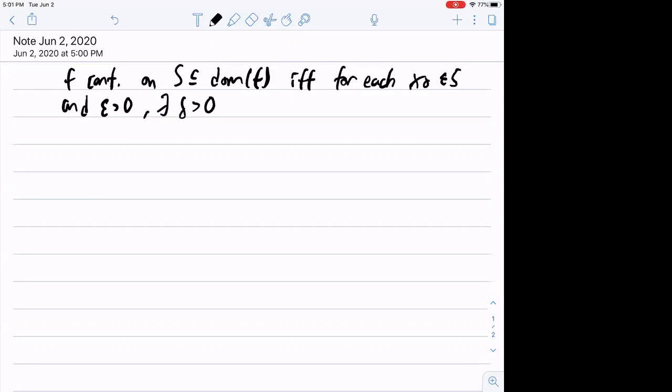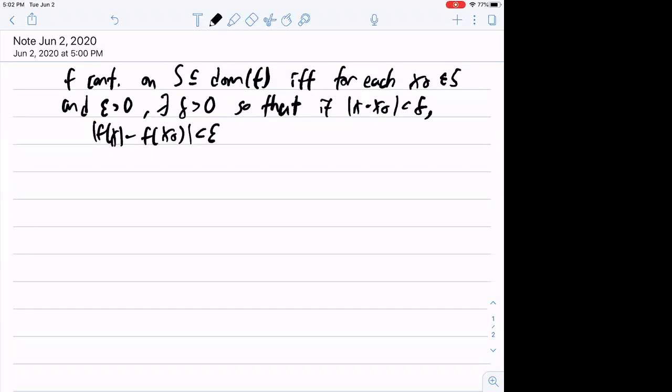So here delta depends on x naught and epsilon, right? So if you move your point, your delta can change. So that basically if |x minus x naught| is less than delta, then |f of x minus f of x naught| is less than epsilon. Now, f is uniformly continuous, right?